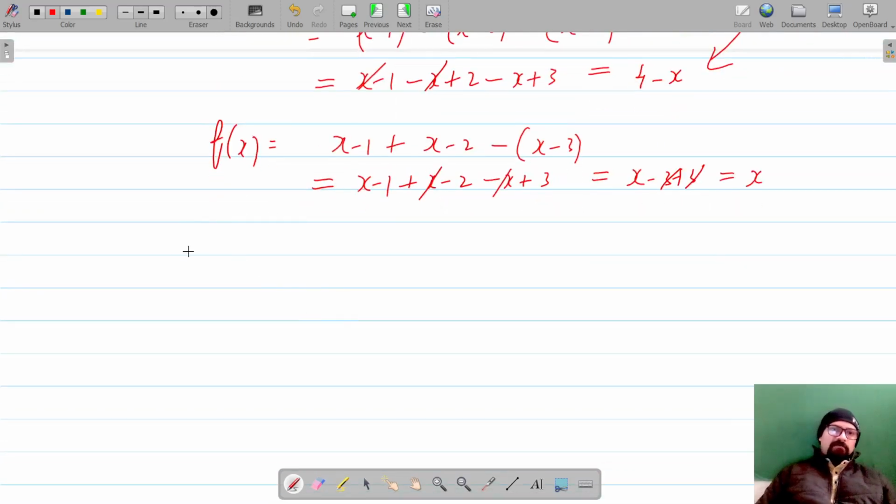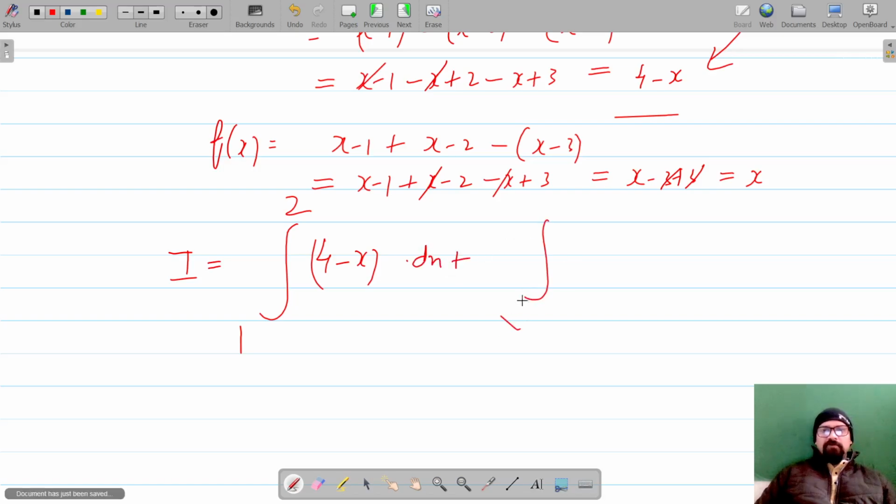So that means I can write this definite integral as the integral over two intervals: 1 to 2, for which the function reduces to 4 minus x dx, and 2 to 3, where the function becomes x, so x dx.